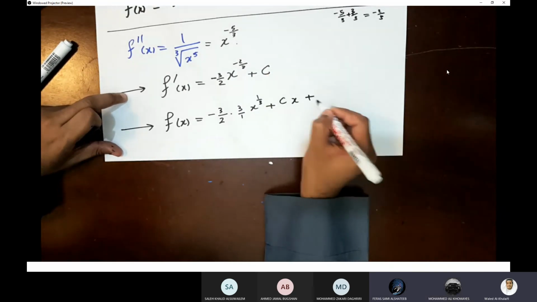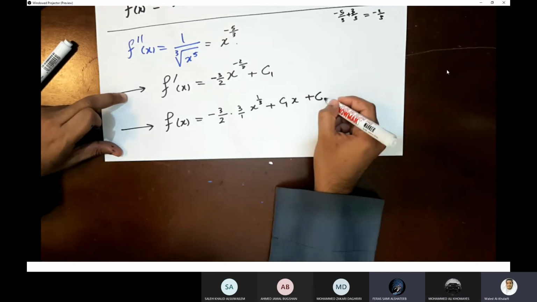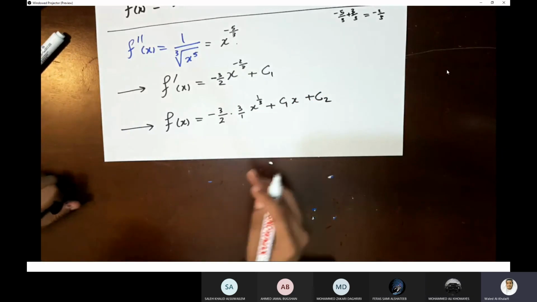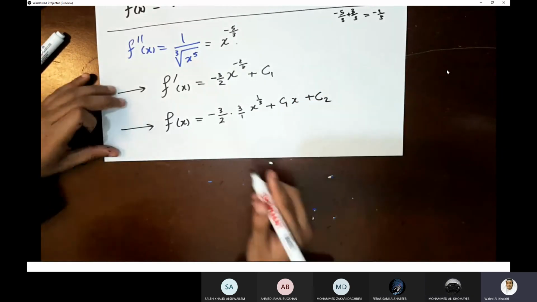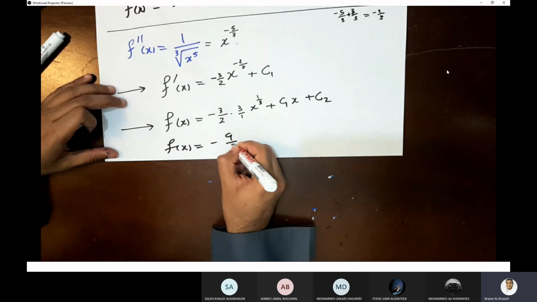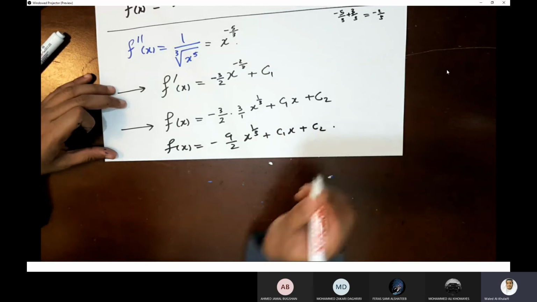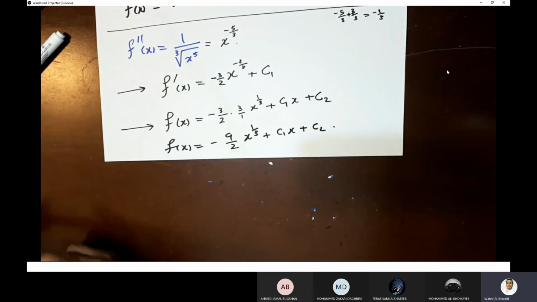Cx. Plus there is another constant. Let's call it C1, C2, or call it a different letter, that's fine. So f of x equals minus 9 over 2 x to the power of 3 plus C1x plus C2. So this is the function you have.